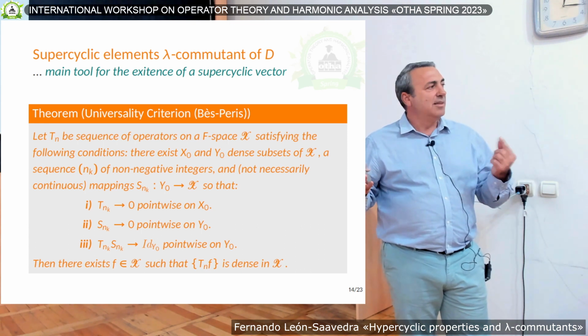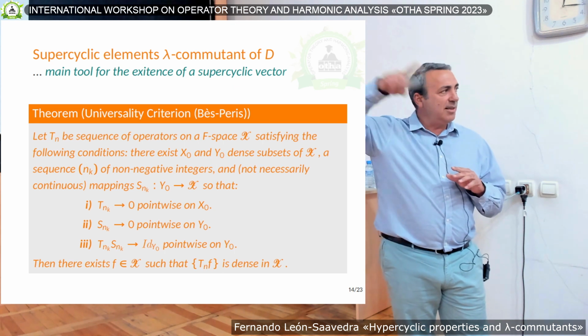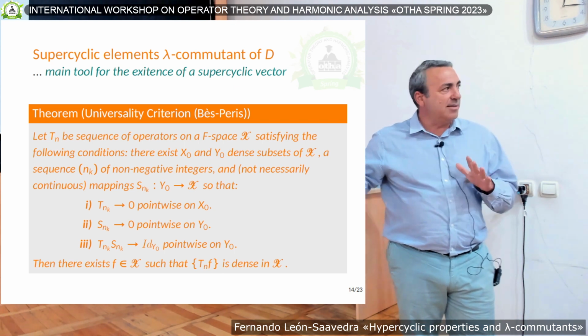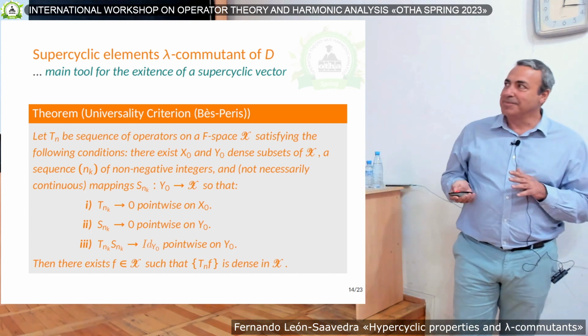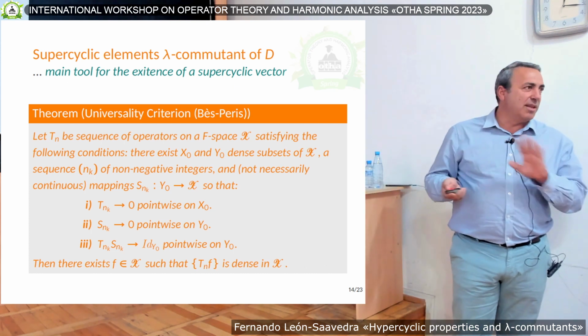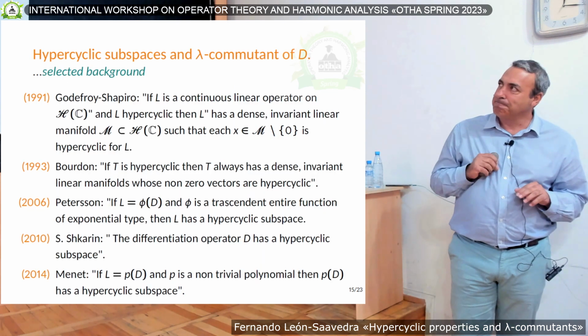You have an element whose orbit is dense. This is what the hypercyclicity criterion or universality criterion means. It is one of the main tools that we use in our paper.